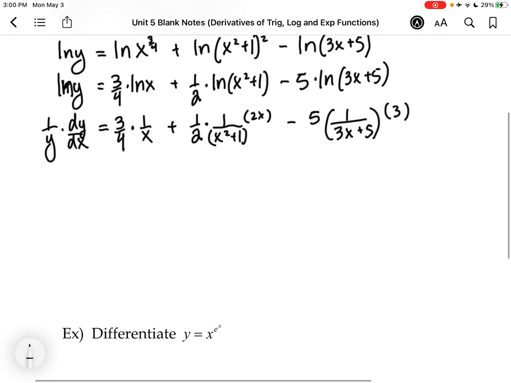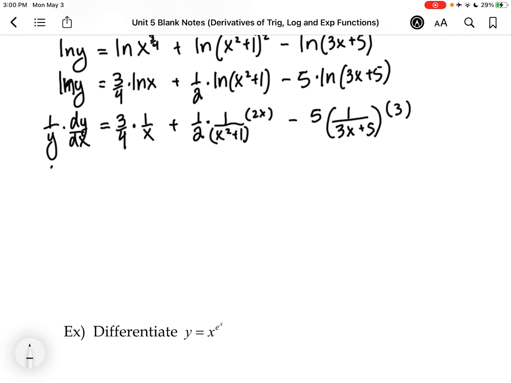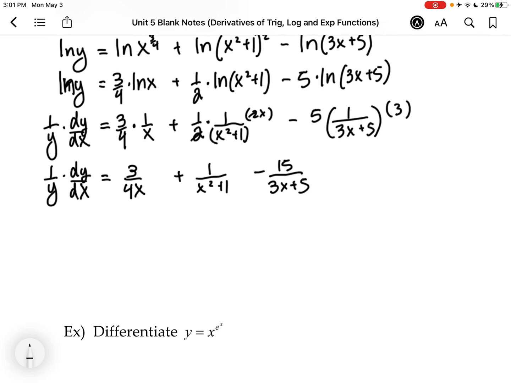Okay, if we simplify this a little bit, we're going to have 1 over y times dy dx equals 3 over 4x, and then here the 2's cancel. So plus 1 over x squared plus 1, and then minus 15 over 3x plus 5.